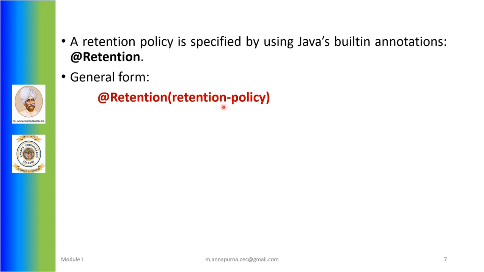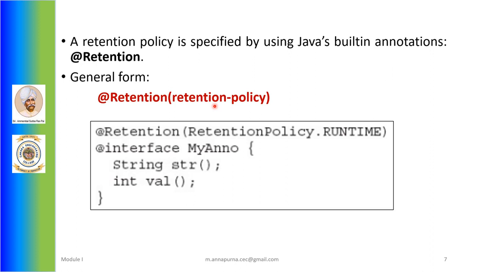If no retention policy is specified for an annotation, then the default policy of CLASS will be used. The following version of MyAnno uses @Retention to specify the RUNTIME retention policy. Thus, MyAnno will be available to the JVM during program execution.